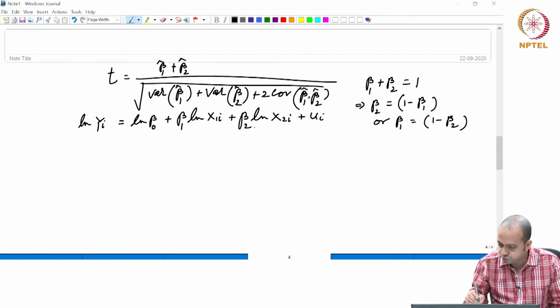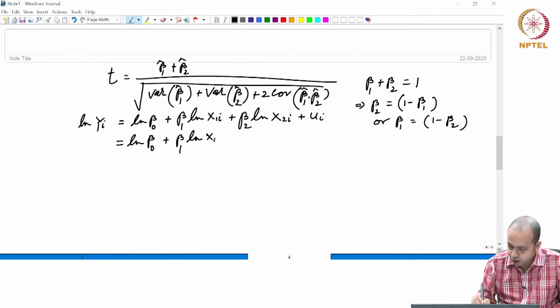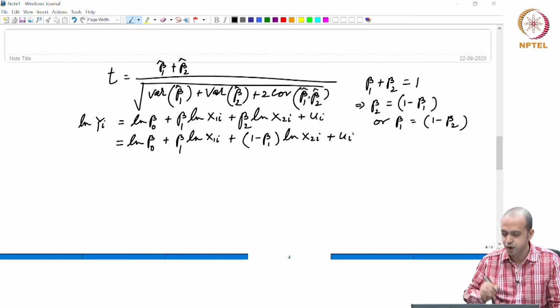I will substitute beta 2, so this would become log of beta 0 plus beta 1 log of x1i plus, in place of beta 2, I am putting 1 minus beta 1, log of x2i plus ui.